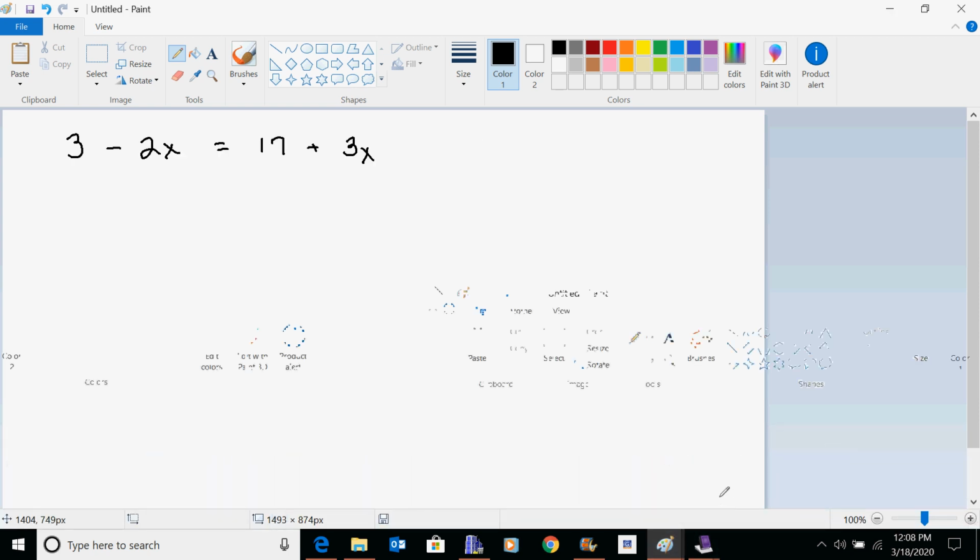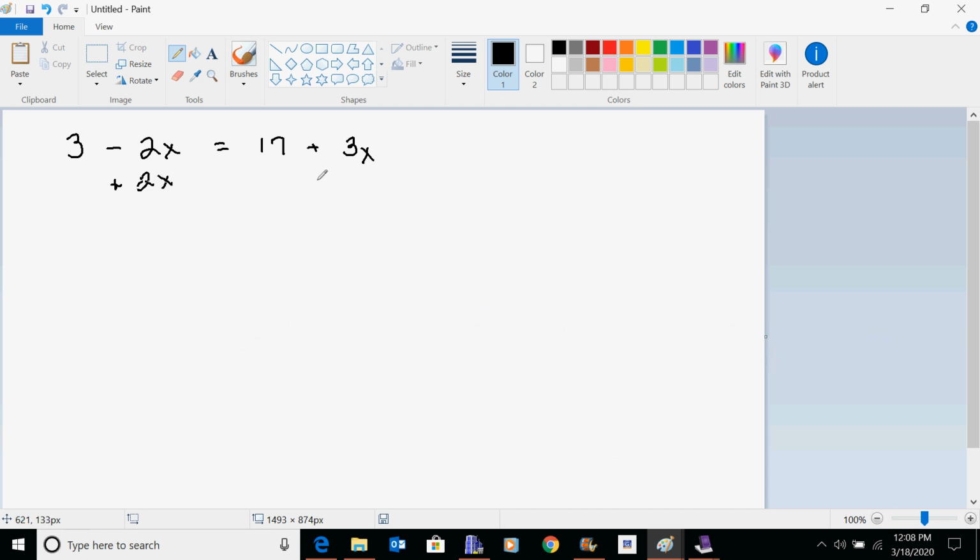I just want to hit one more thing you can do. If you have a negative 2x and you don't like working with the negative so much, you are allowed to add to both sides as well. So if you wanted to, you could eliminate it from this side so that we have 3 equals 17 plus 5x.